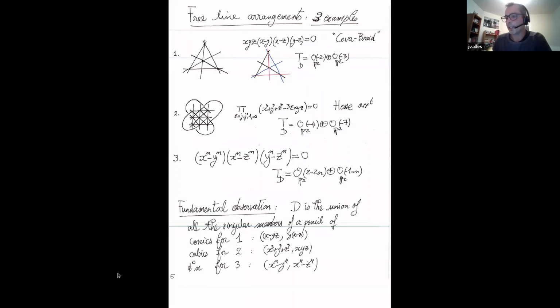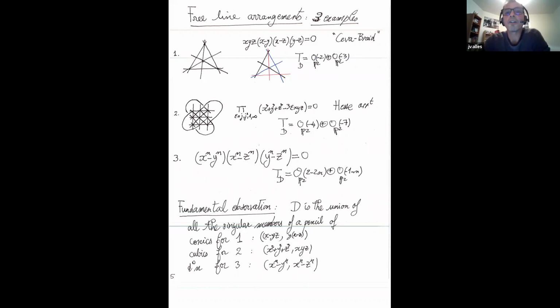So let me remind you of some examples known in the literature and probably described in the first article by Terao in the 80s, 81 exactly. So there are 3 examples. One is called the Ceva braid arrangement or braid arrangement, given by 6 lines and given, for instance, by this equation.